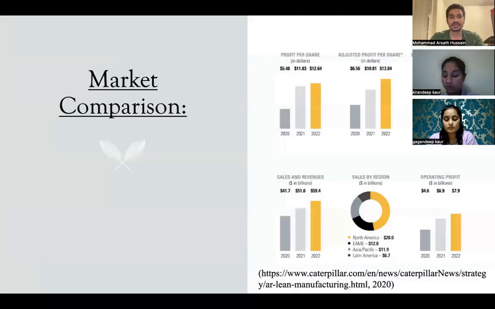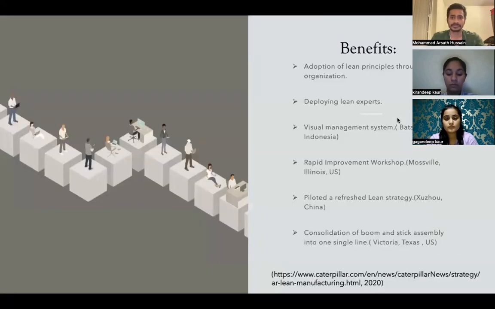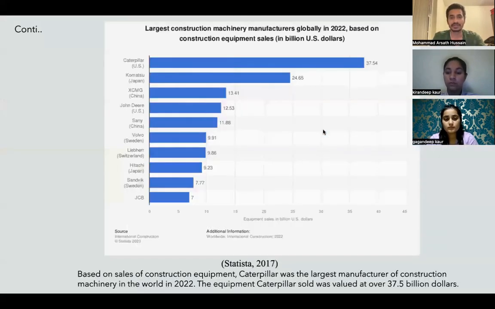So coming to the next slide, you can see the market comparison. As you can see, the profit per share and the adjusted profit per share, the sales and revenue of the company and operating profit have gradually increased year by year from 2020 to 2022. In this slide, we can clearly see that they are the largest manufacturers of construction equipment, so they are the leaders in this industry.